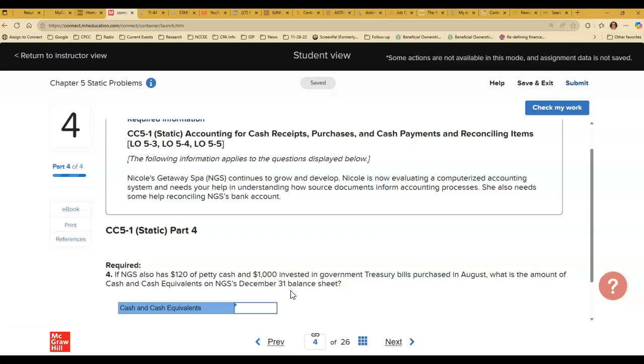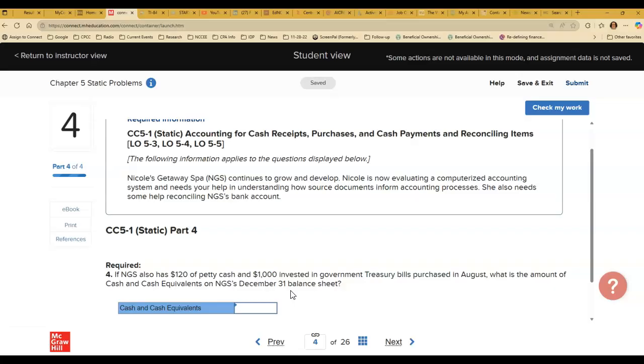Okay, so now we know that it's going to be up here under current assets, right? Now we have to answer the question, does it just stay as a separate line item under current assets, or is it what we call a cash equivalent? Why is it not a cash equivalent?